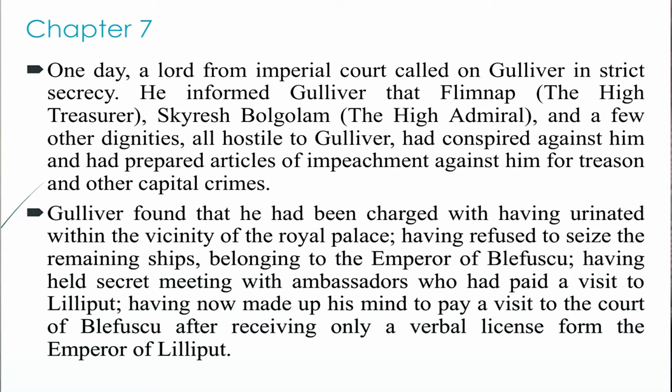So these are all the conspiracies against Gulliver that have been contrived by Flimnap and Bolgolam and all the other people who are hostile to Gulliver, who are Gulliver's enemies.